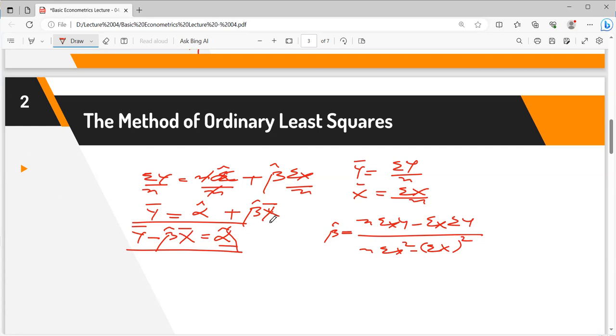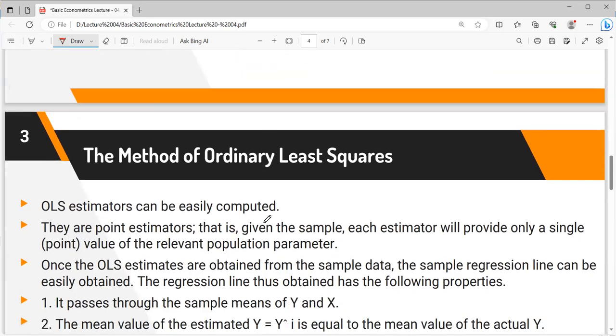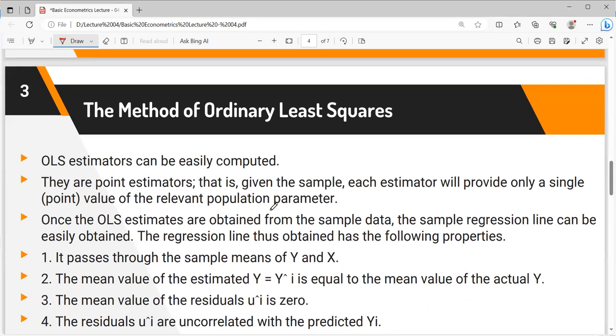Now we start the properties of estimators. What are the properties of OLS estimators? On the basis of the values of X and Y, they can be easily computed.